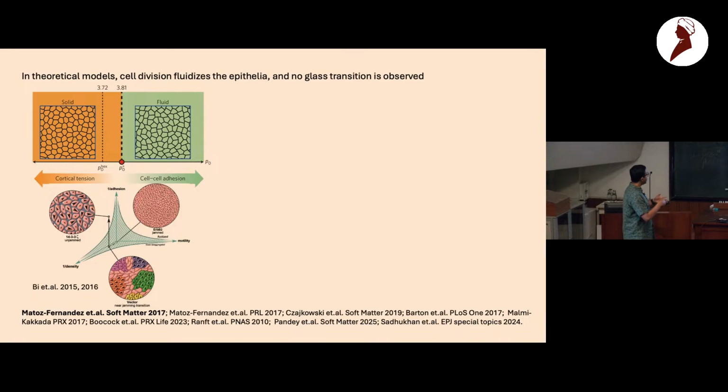In particular, this group over here showed that if you measure something called the mean shape parameter, which is the ratio of the mean perimeter divided by the square root of area, there is a rigidity transition happening at a critical value of this shape parameter, which is approximately 3.81. Crucially, in these particular theories, there was no accounting for cell division, which happens all the time. These were all done in the absence of cell division.